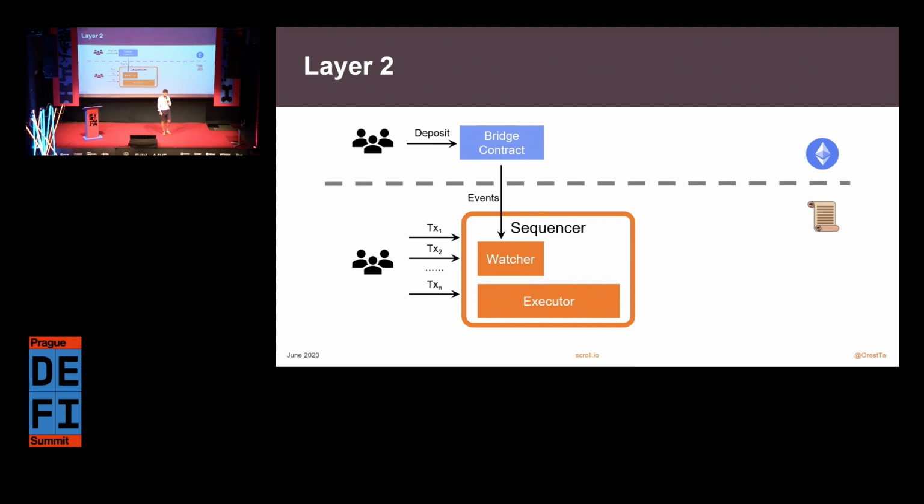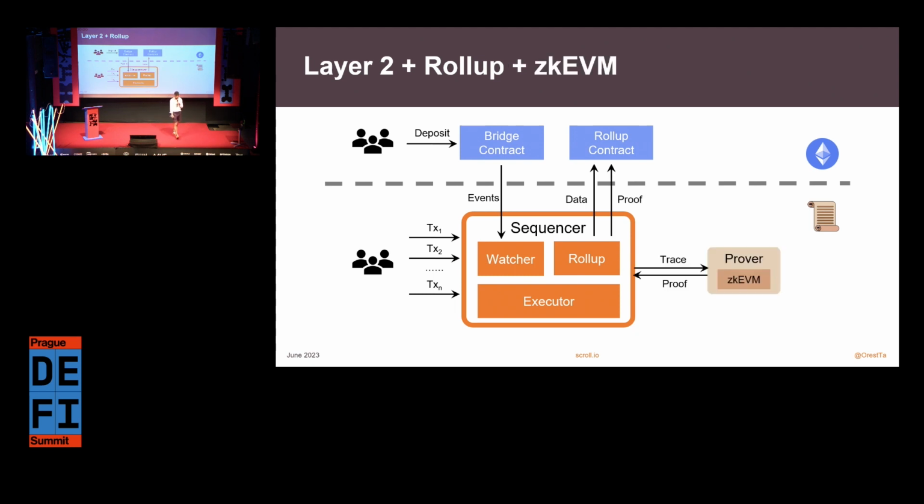But it also needs to listen to events that the bridge contract and the main layer, the settlement layer, the Ethereum mainnet layer sends. And it also needs to be able to send back states about the updates in the L2 world to the rollup contract on the L1.